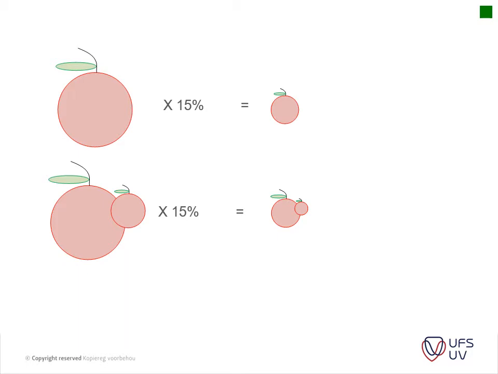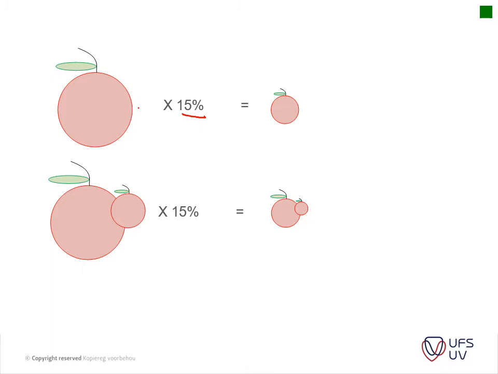So basically, let's start with an apple. This is my best sketch of an apple that I could do. So here's your little apple, which is 100%. You add to this 100% a 15% VAT.